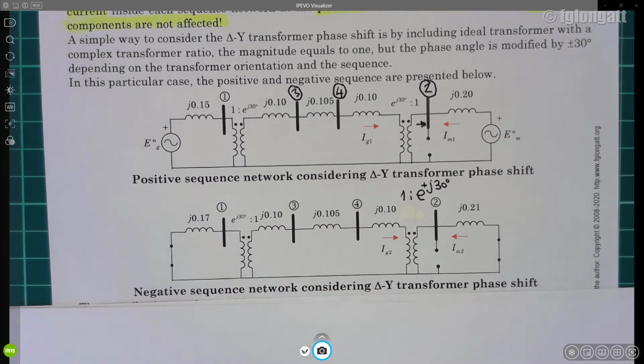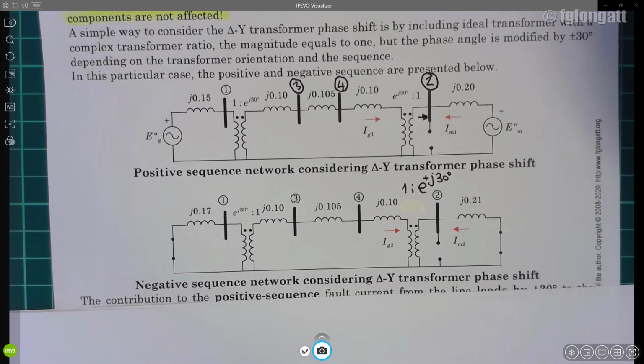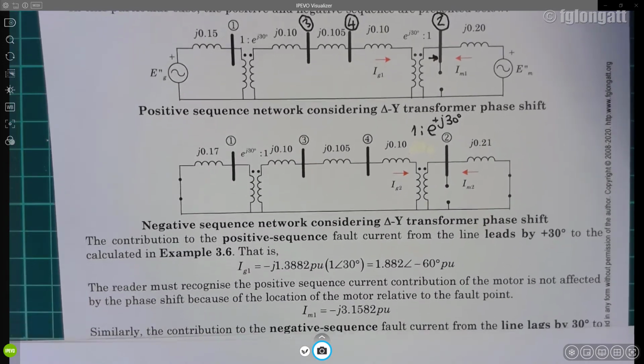Now, how are these phase shifter transformers affecting the calculations that we performed when we were working with example number 3.5? Okay? Well, it's very simple to see. What we need to do here is extremely simple.